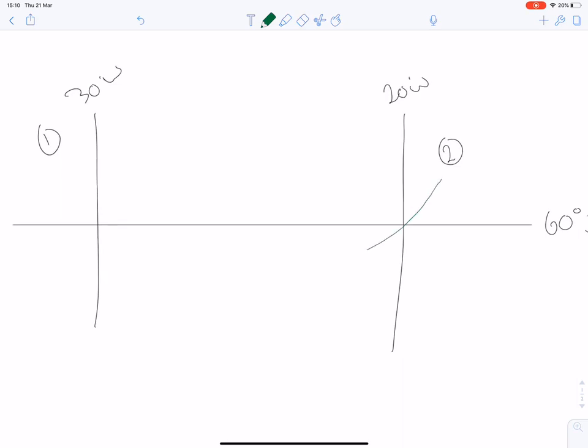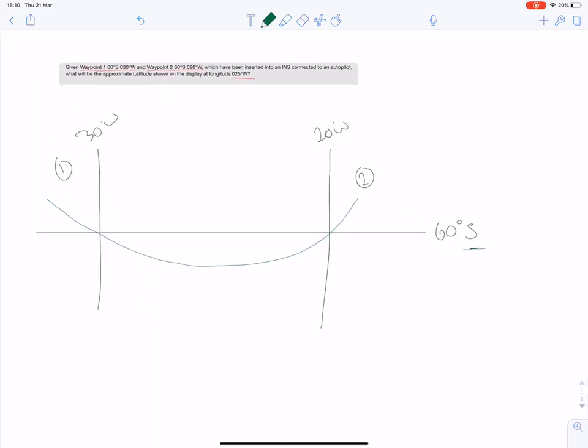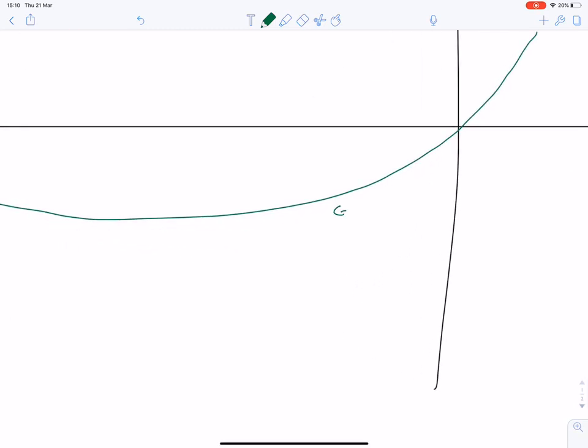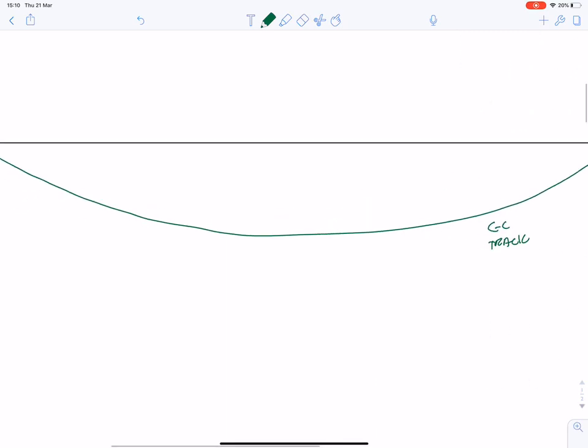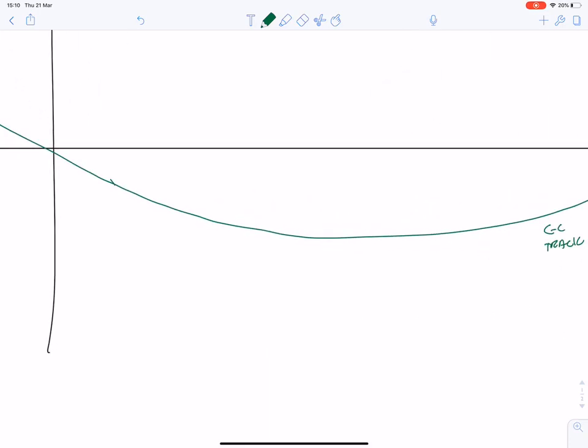And the great circle track would be looking like this somehow. Since it's on the southern hemisphere, the great circle track is concave to the equator, convex to the south pole. So this would be the great circle track, and it's going from waypoint 1 in this direction.